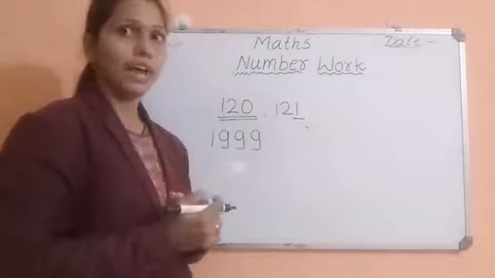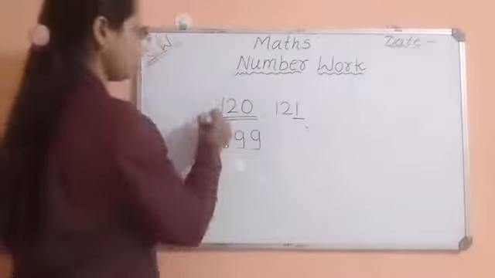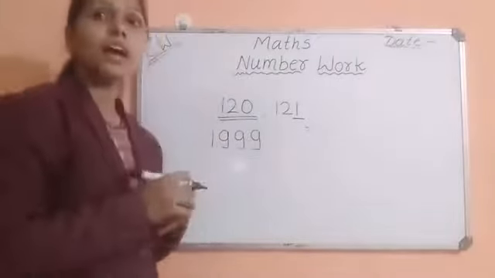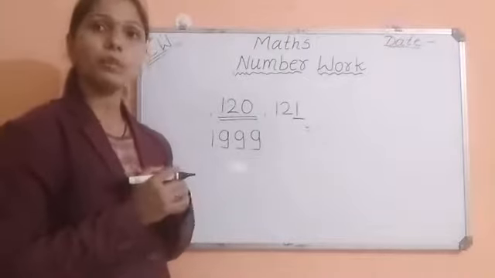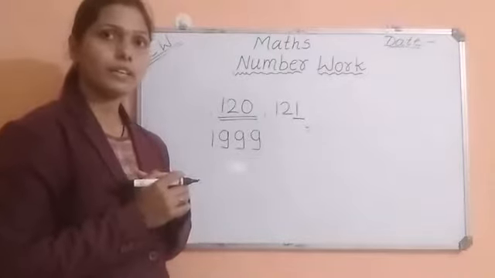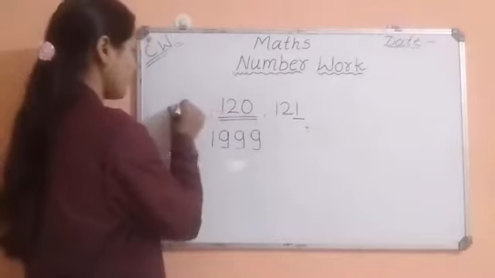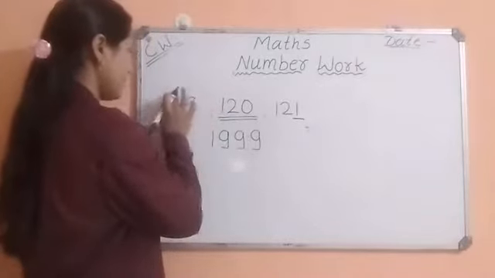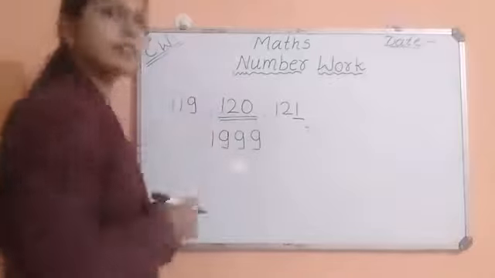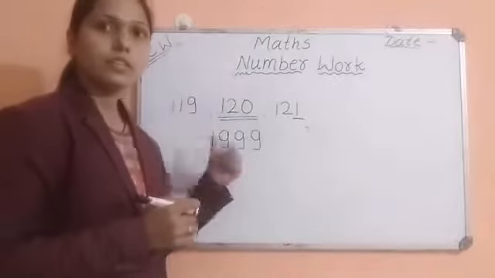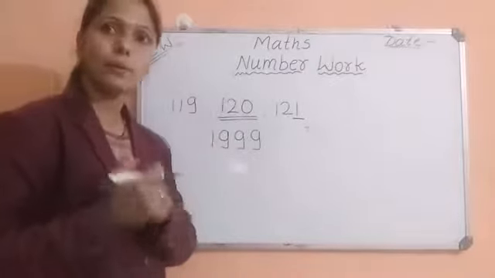And if we have to take out the number just before 120, here we will write 119. That means it is smaller by 1.